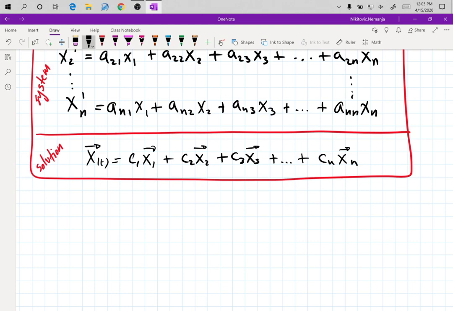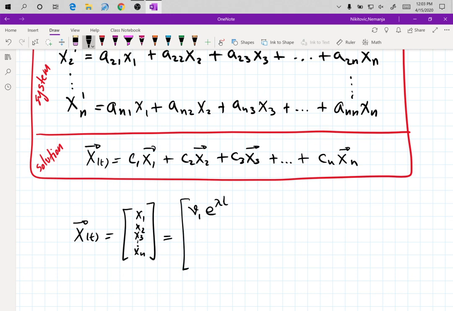So my solution x of t, which was the good old x1, x2, blah, blah, blah, xn, is now going to be written in this little weird notation, but I'll toss in x3 to match the book. This notation that we need to understand. So v1, that's a lowercase v1, e to the lambda t, v2 e to the lambda t, v3 e to the lambda t, dot dot dot vn e to the lambda t.